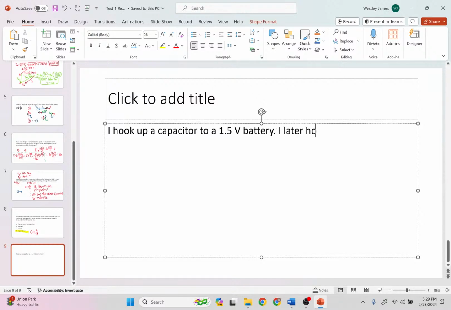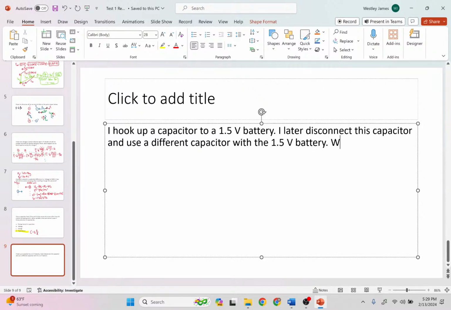I later disconnect this capacitor and use a different capacitor with the 1.5 volt battery. What variable will these two capacitors have in common?